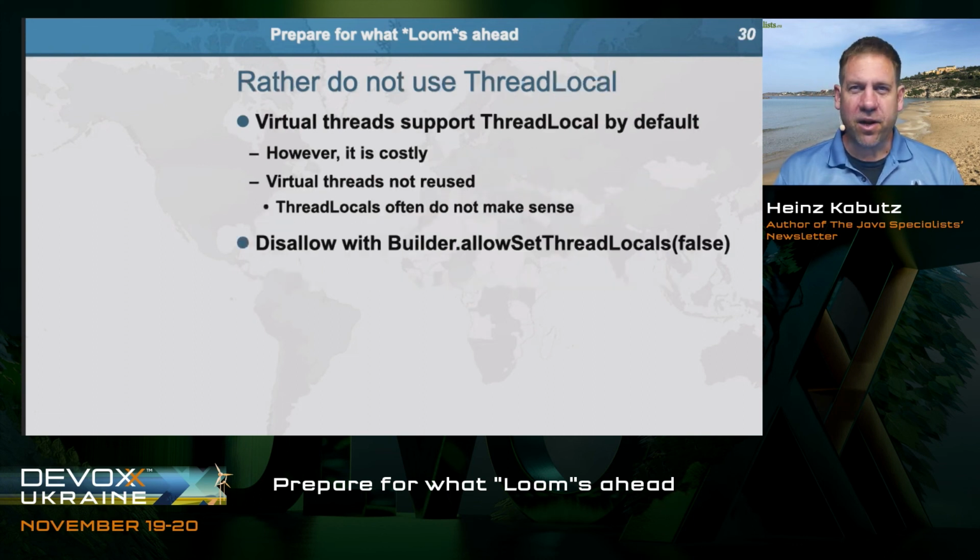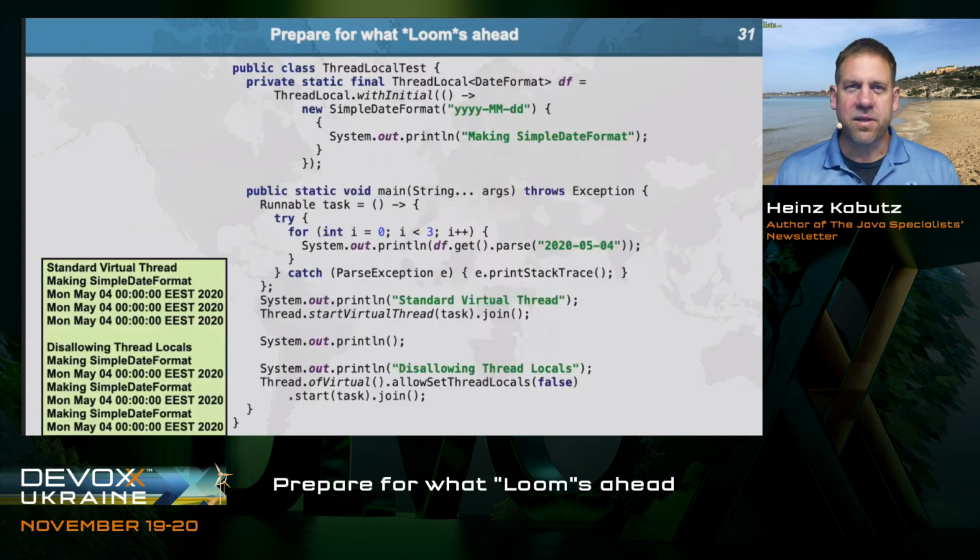Rather, do not use ThreadLocal. That's a good rule generally. Virtual threads support ThreadLocal by default, but it's costly and it's better to turn them off. Simply say allowSetThreadLocals false. It doesn't make sense because you're probably not going to be reusing the virtual threads. You just use them once and throw them away, and so they often don't make sense.